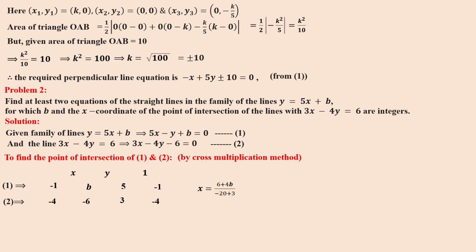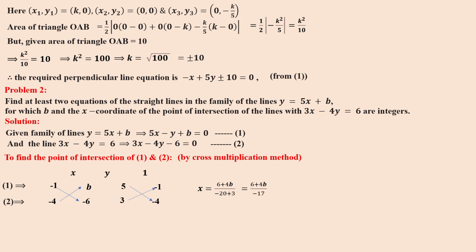Then x equals, doing the cross multiplication, -1 into -6 is 6, minus of -4 into b is plus 4b, that is the numerator. The denominator, you take 1, the constant term, so we consider the 4 numbers under 1. 5 into -4 is -20, minus of 3 into -1 is plus 3.